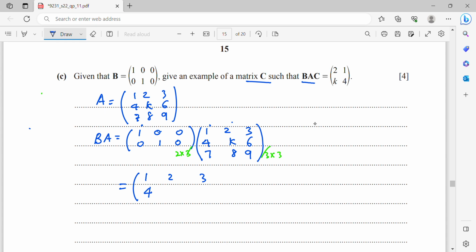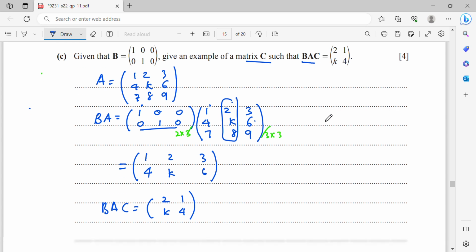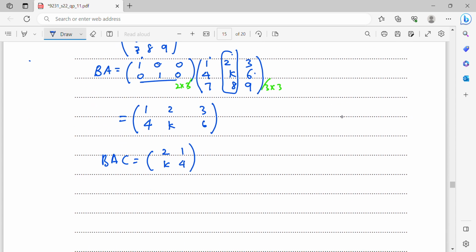Then the next one is row times column, I will get k, basically just the middle value. Then this is 6. Now BAC is 2, 1, k, 4. So now your BA is 1, 2, 3, 4, k, 6. Then here is 2, 1, k, 4.